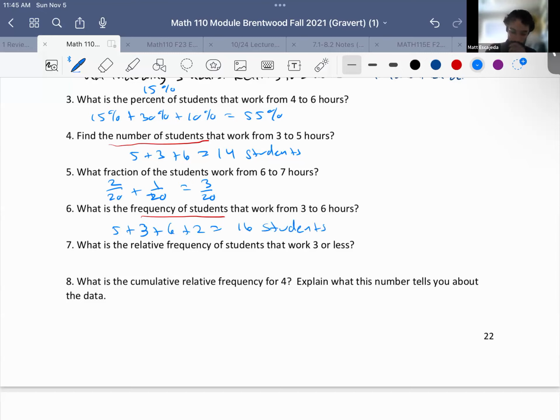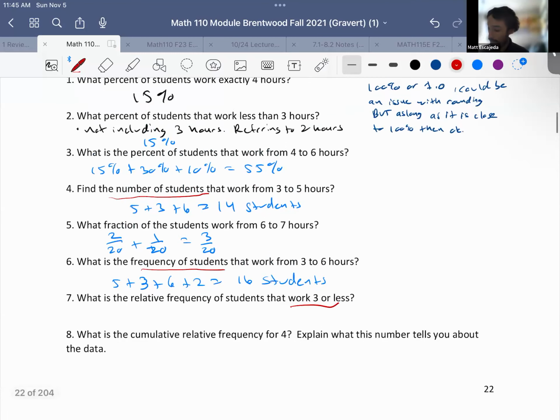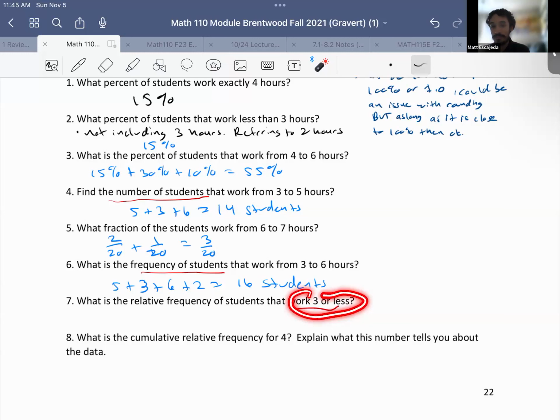Okay. So now number 7, what is the relative frequency of students that work 3 hours or less? So this is similar to number 2, but number 2 said what percentage of students work less than 3 hours? But this time we're saying work 3 or less. So this time we are including 3.